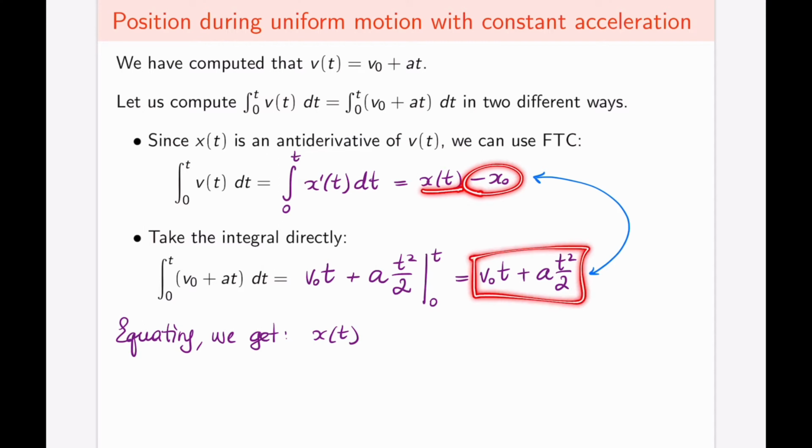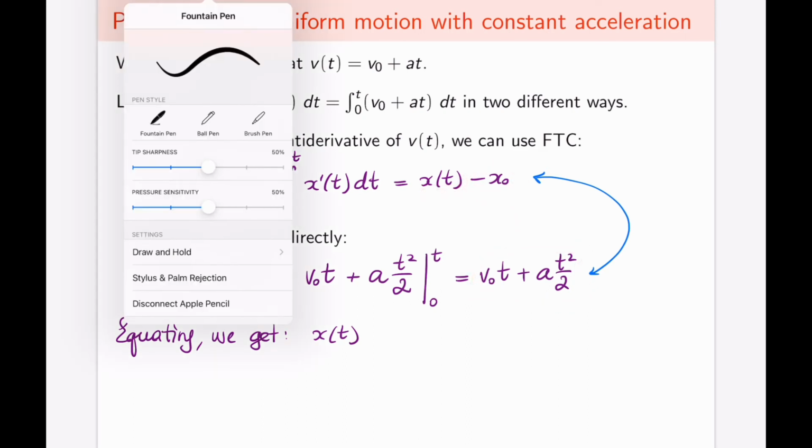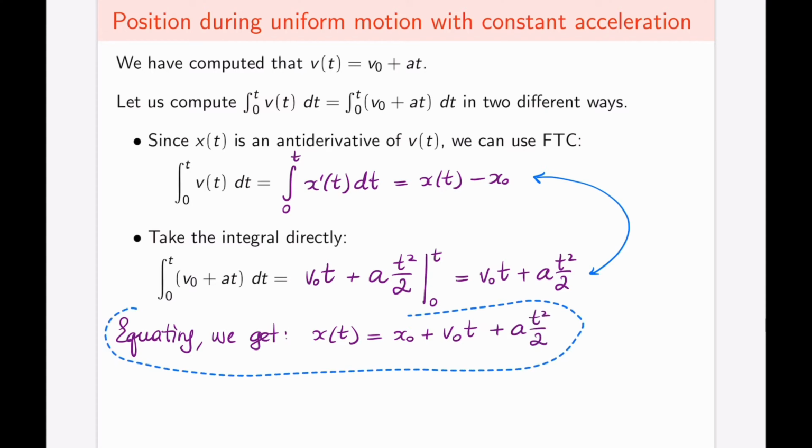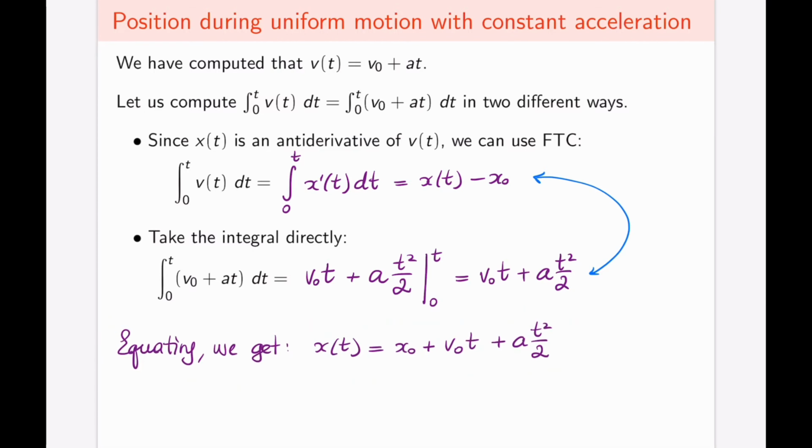Instead of rewriting this twice, I'm actually just going to move x naught over to the right-hand side right away. So hopefully this is not too big of a step to follow. x of t is going to be x naught plus v naught t plus a t squared over 2. This is now my expression for the position function given the initial position, the initial velocity, and the constant acceleration.